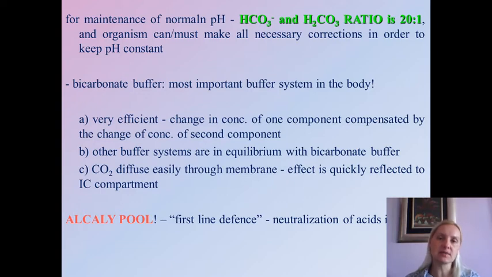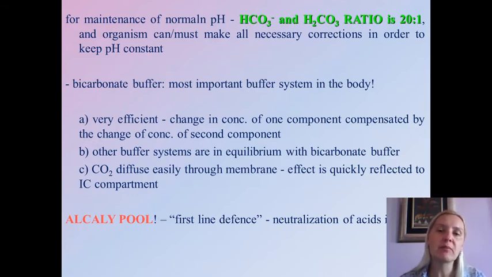All other buffering systems, and you will see that in a couple of minutes, are actually cooperating with bicarbonate buffer. And moreover, carbon dioxide diffuses easily through membranes, so the effect of this buffering system is quickly reflected to intracellular compartments.